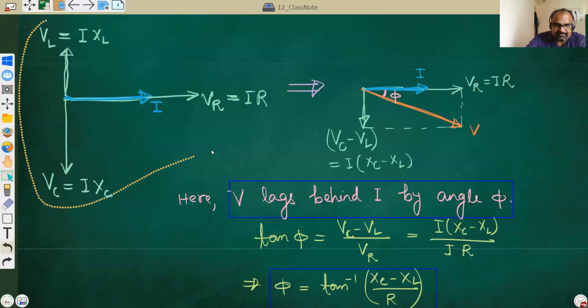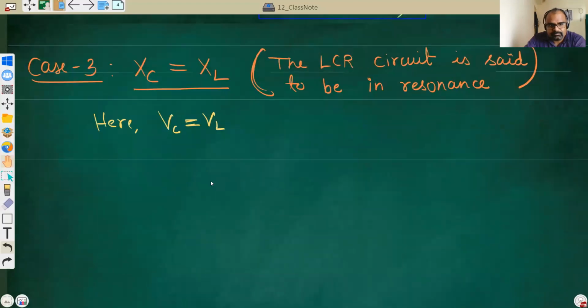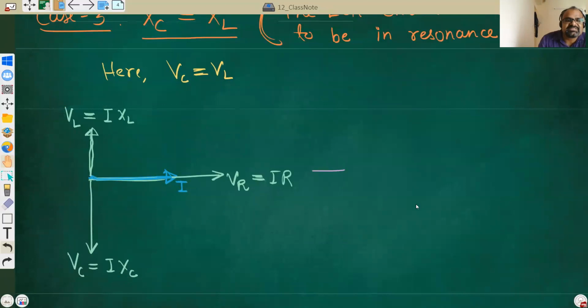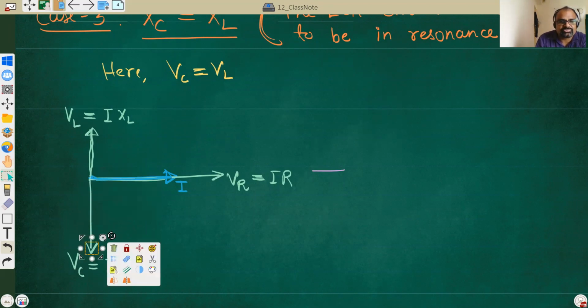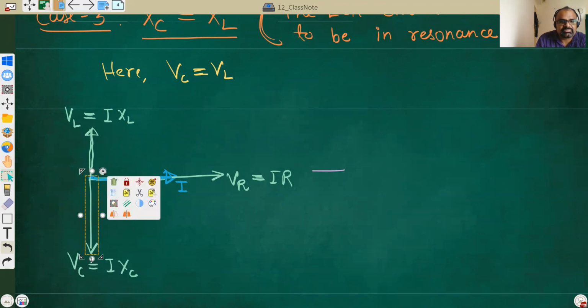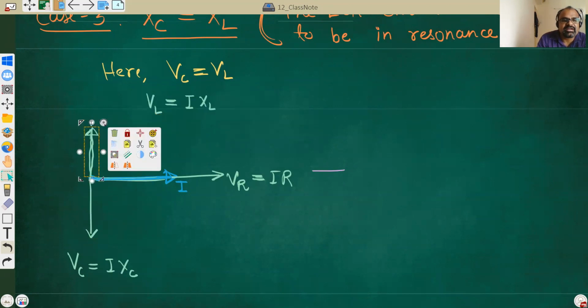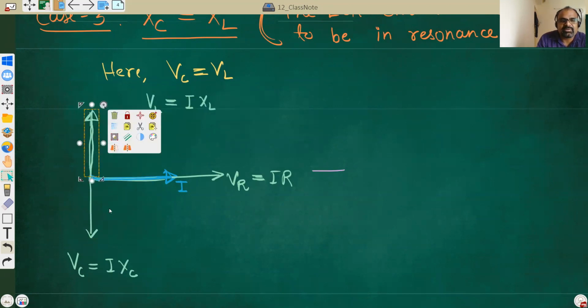So in this phasor diagram, let me shorten it a little bit and elongate it a little bit so that they come out to be exactly equal.